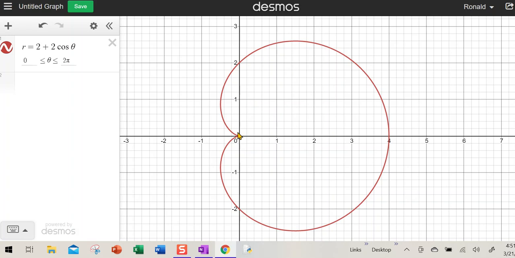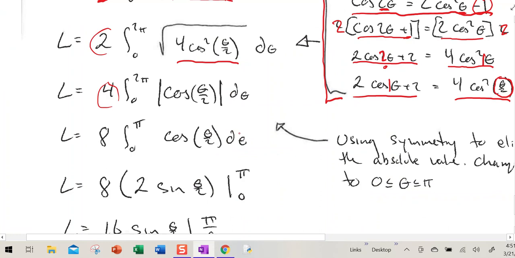So there's symmetry here because this is symmetric about the x-axis. If we simply find the area from 0 to pi, it's going to make it a little bit easier. And so we're going to change the bounds of integration from 0 to pi rather than 2 pi, but then we have to multiply the 4 by 2 to get 8.